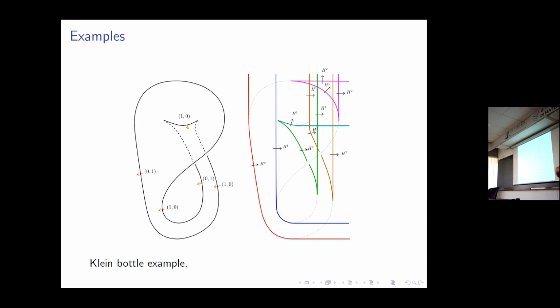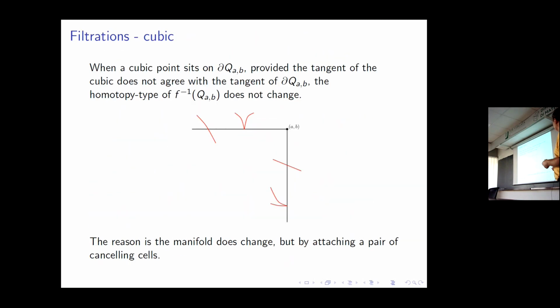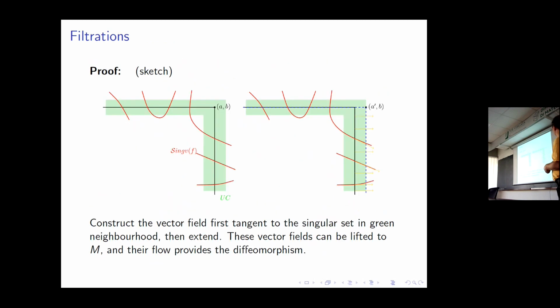Another theme that comes up in these arguments: originally when we were writing the paper, we were using these quadrants. But when we did the very first proof that the homotopy type doesn't change in these transverse situations, the argument we're giving basically also tells you that if you change the quadrant by a little diffeomorphism, the homotopy type is not going to change. So we didn't really need to use quadrants here.